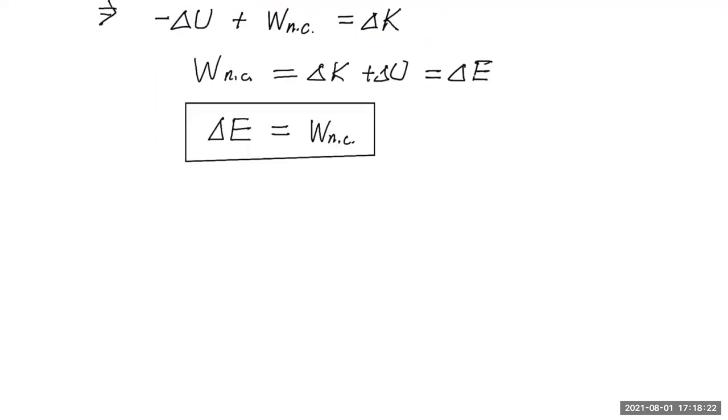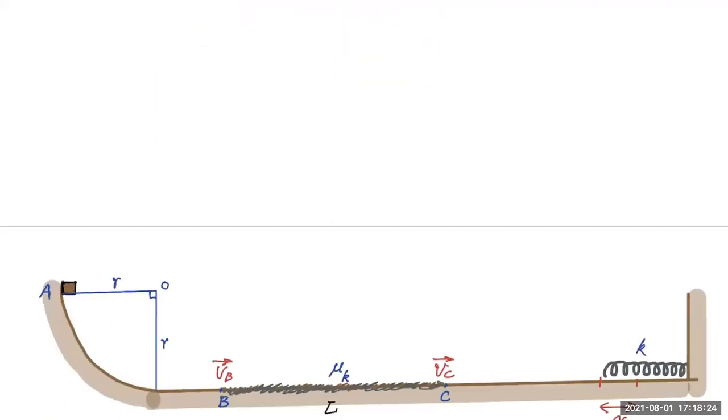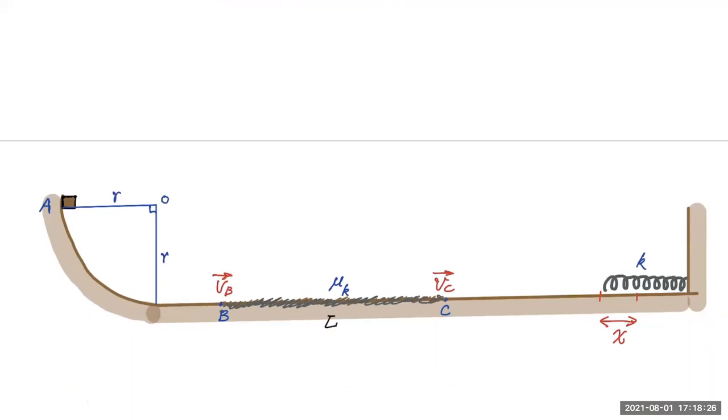Let's look at this example. We have here a block sliding frictionlessly down a quarter circle track of radius r, and it reaches the bottom of the track, and then it's moving along a horizontal stretch. It starts out at point B, moving towards point C, and between point B and point C, there is some friction.